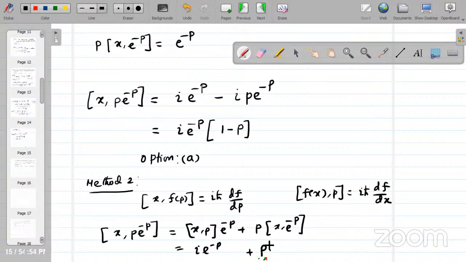So straight away i e^(-p) plus p into [x, e^(-p)] we use, because the second one will be i into the derivative of this exponential, I have a minus e^(-p). So now straightforward, it will be i into e^(-p).